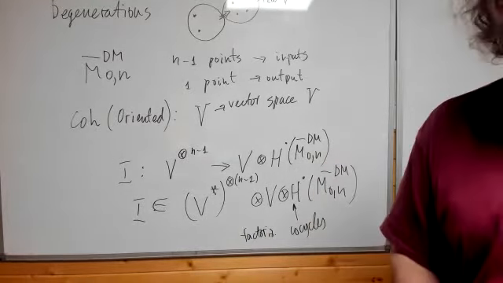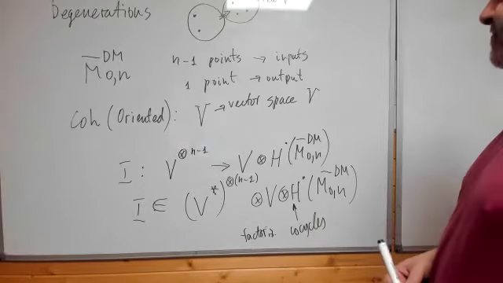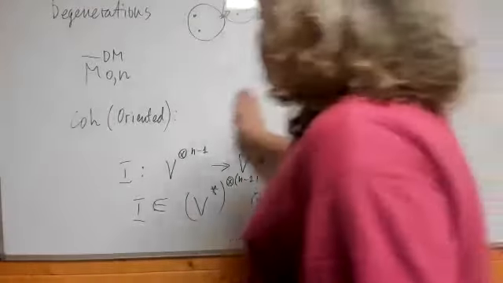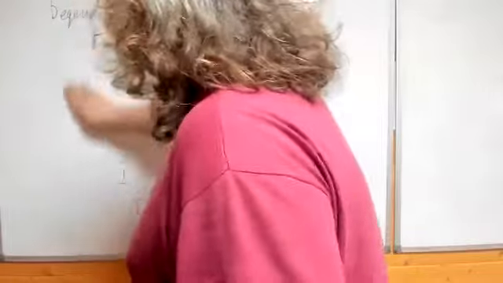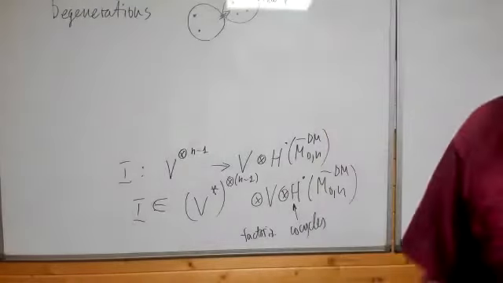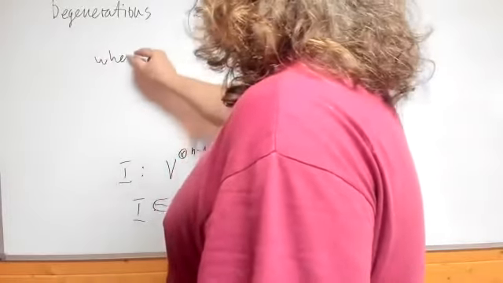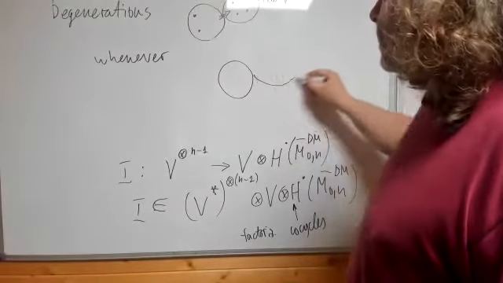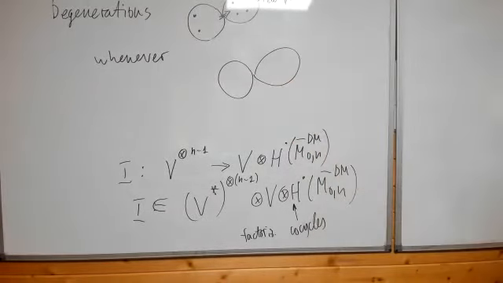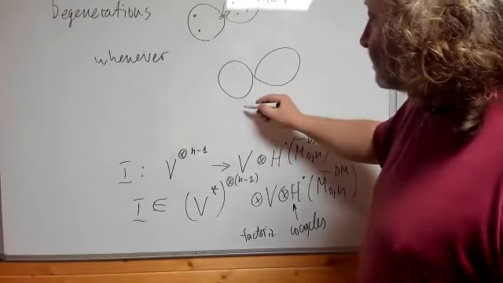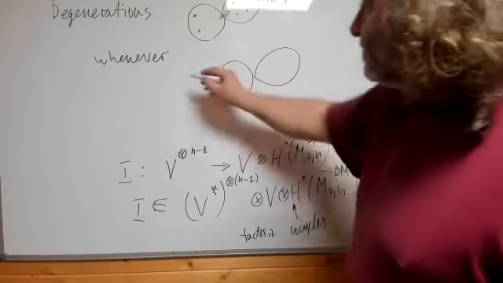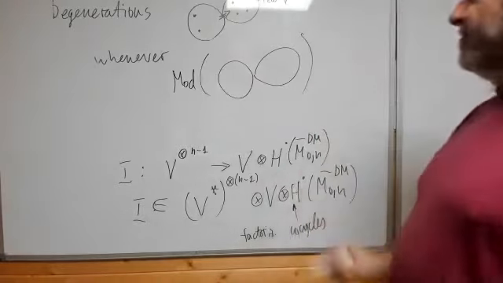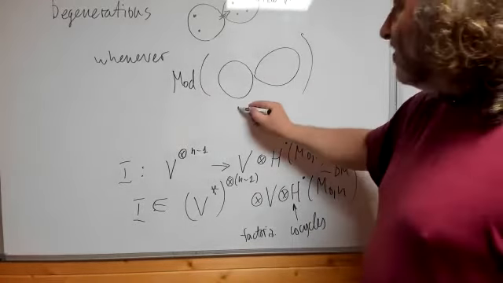So factorizable cocycles mean, whenever we have such a configuration, there is the moduli space of such configurations.